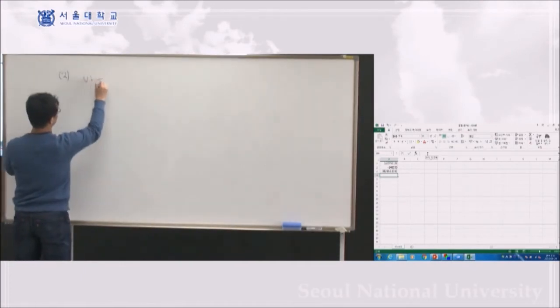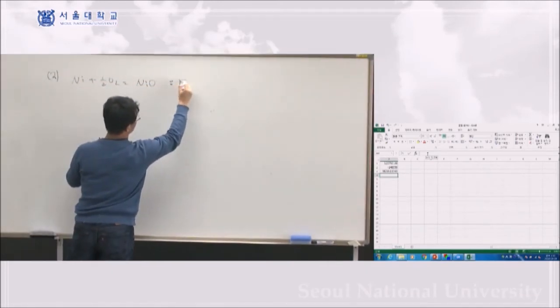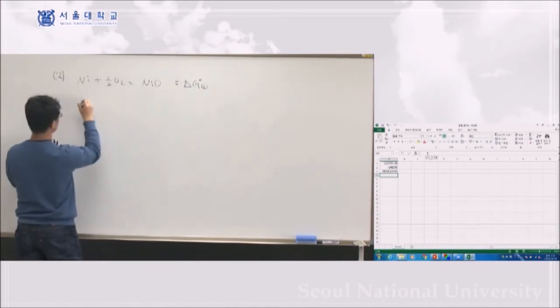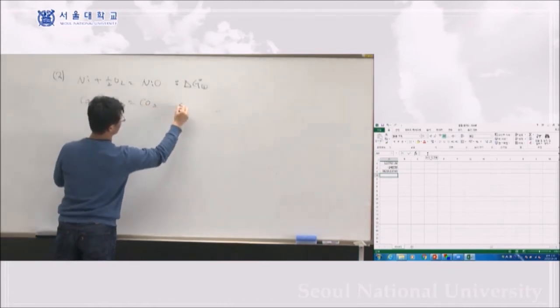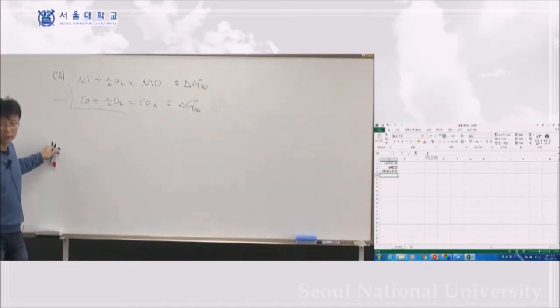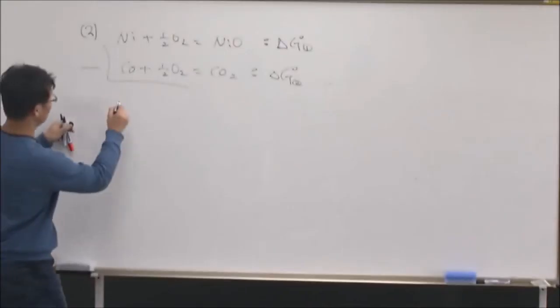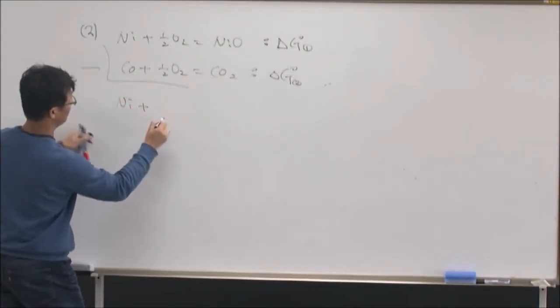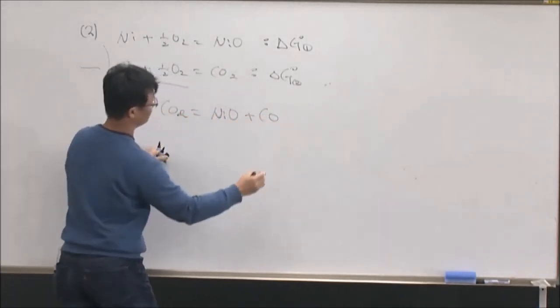Okay? The simplest way. Now we don't even have to worry about the CO, CO2 recombination or whatever, because O2 will just be eliminated here. So then nickel plus CO2, nickel oxide plus CO.